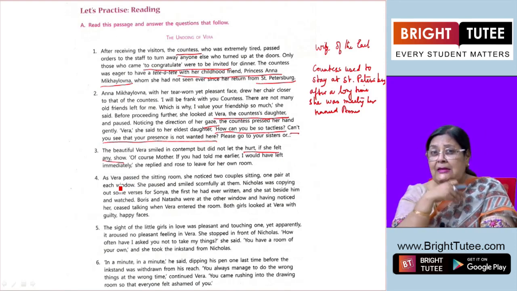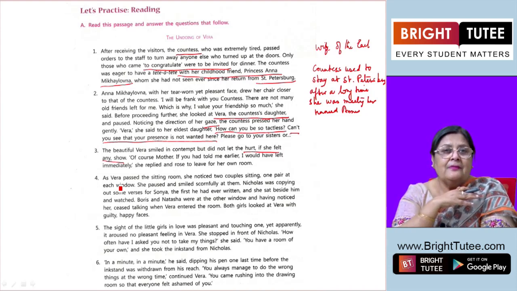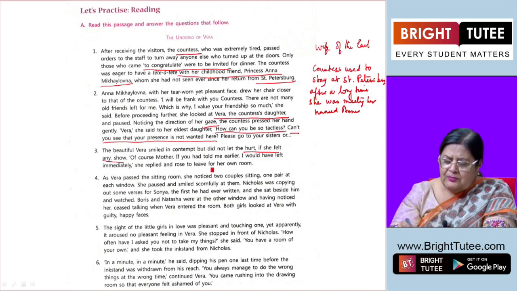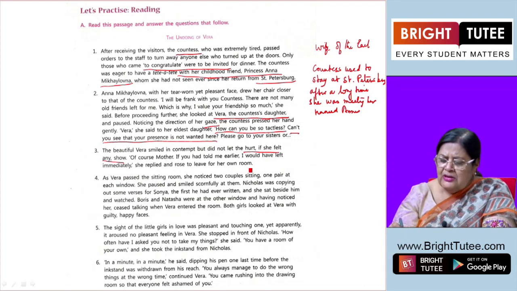Though she was internally hurt and didn't feel good, being a growing girl, she hid her feelings and said, "Of course, mother, why not? But you could have told me earlier. If you had told me earlier, I would have left immediately," she replied and rose to leave for her own room.